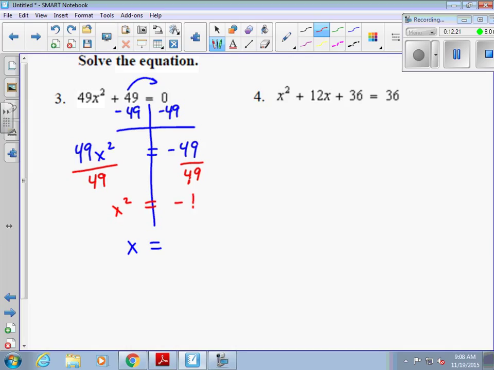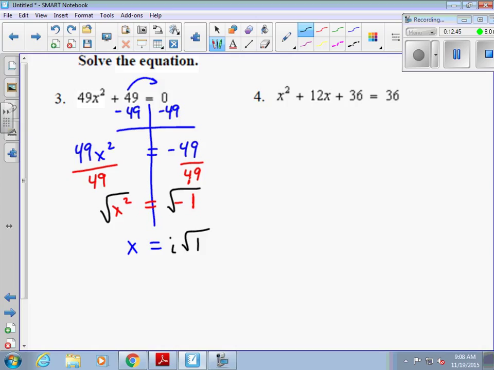So we undid addition and subtraction. We undid multiplication and division. Now we have to undo x squared. We have to undo a power. We take the square root of it, and when you do it to the left, you do it to the right. Now we got the square root of a negative value. This becomes a complex number, an imaginary number. You multiply i times the square root of 1 to get the negative out.